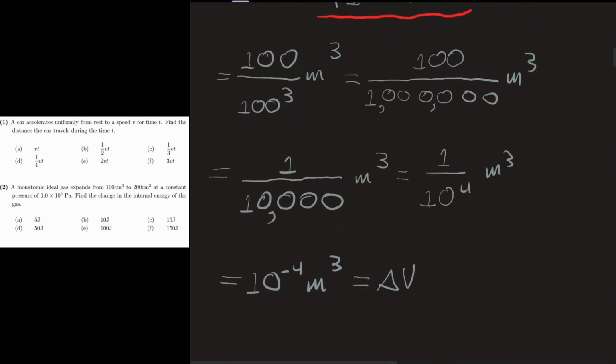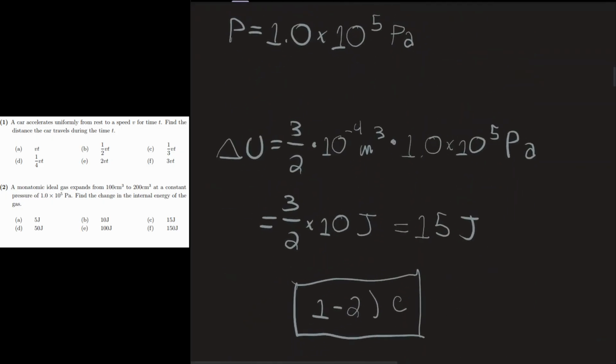So now I'm left with 100 over 100 cubed meters cubed. 100 cubed is 1 million. And then I divide both the numerator and the denominator by 100, because right now the numerator has 100. So we get 1/10,000, which is equal to 1/10 to the power 4, which is the same as 10 to the power of -4 meters cubed. And that is the change in volume in SI units.